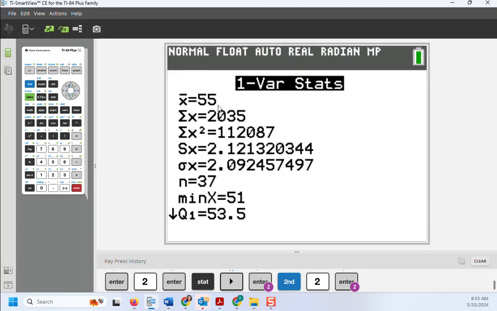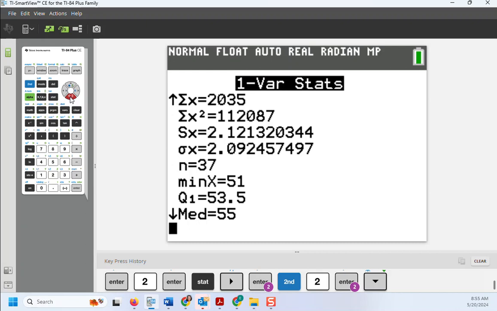All right, and then here's your mean, your median when you scroll down. So I'm going to write some of these things down. My mean is 55. My mode is not on this list. But let me go down and get my median. Median is 55.